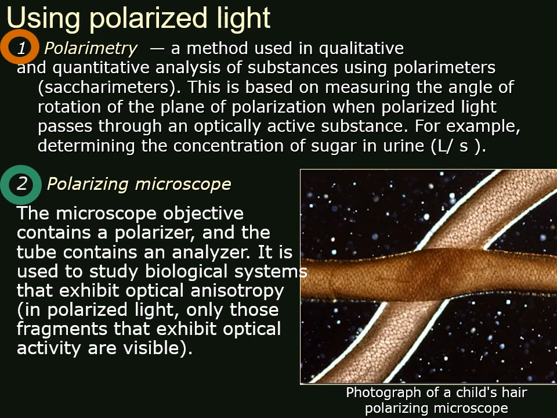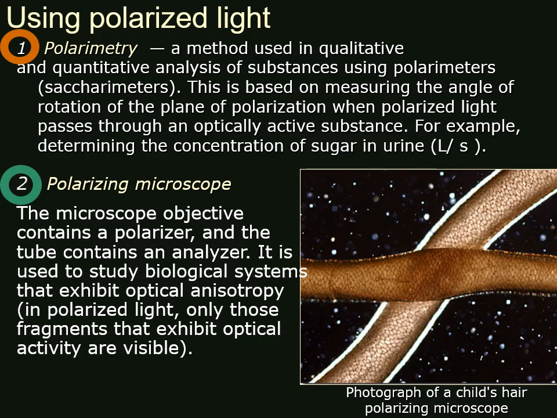Look right away at an example. You have photos of crossed hair, children's hair, visible here on the slide. Please note, in addition to the scaly, volumetric structure of the hair being visible, it is clear that this hair is transparent.